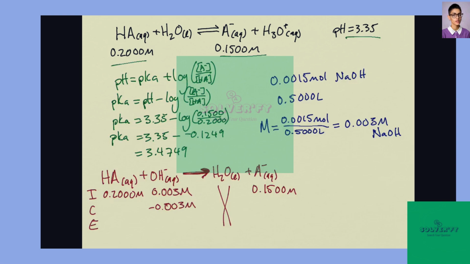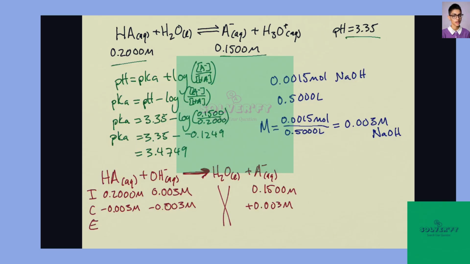And since there's a 1-to-1 ratio of OH- to HA, we will react the same amount of the HA as the OH-, so minus 0.003 molar. And again, since there is a 1-to-1 ratio of OH- to A-, the amount of OH- that is being reacted is going to form that amount of A-. So the change here is plus 0.003 molar.